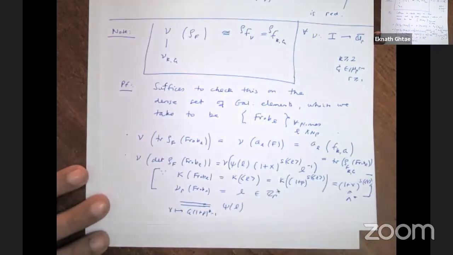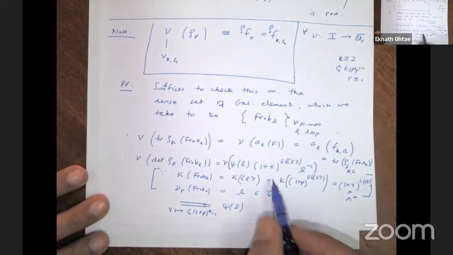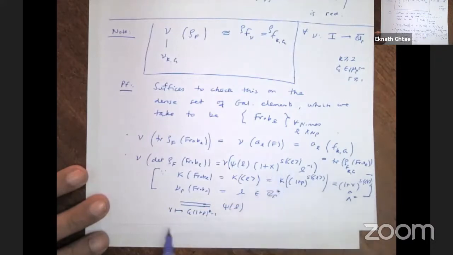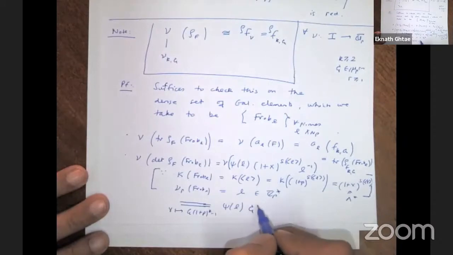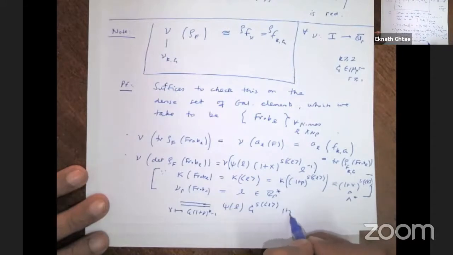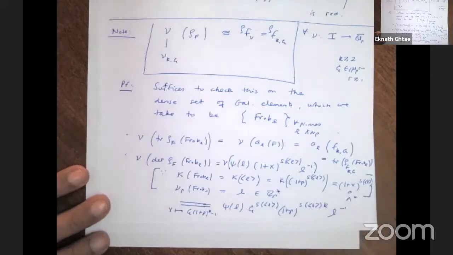And what happens to x? Well, we've done this many times now. 1 plus x goes to zeta times 1 plus p to the k. So you get zeta to the S of diamond L, then you get 1 plus p to the S of L times k, and you get L inverse.